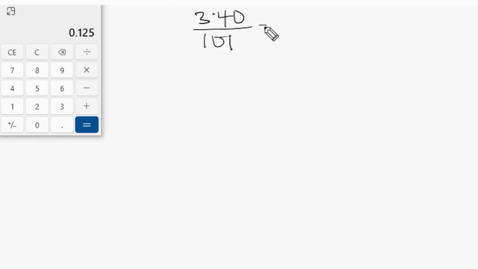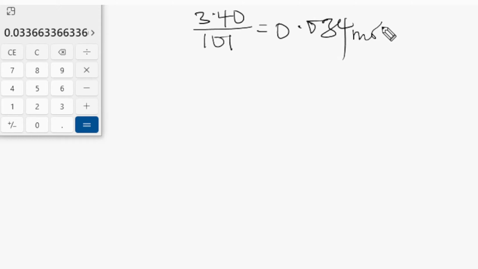So let's go ahead and calculate for this. 3.40 divided by 101, and guys, this is 0.034. So let's take this as the number of moles.